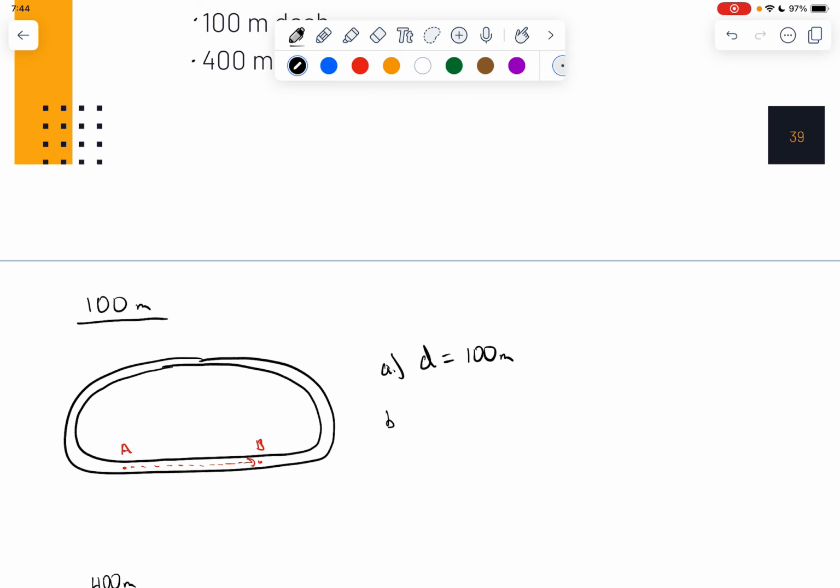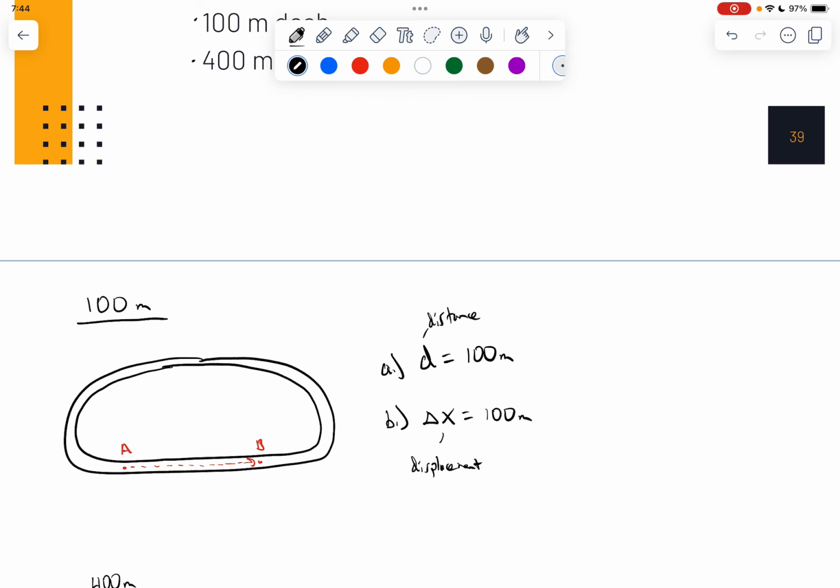When we think about our displacement, we use delta x to represent displacement, and lowercase d for distance. Delta x is our displacement. If we're comparing our point A to point B, we're still traveling our 100 meters.